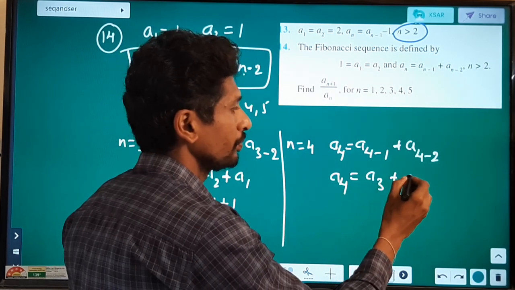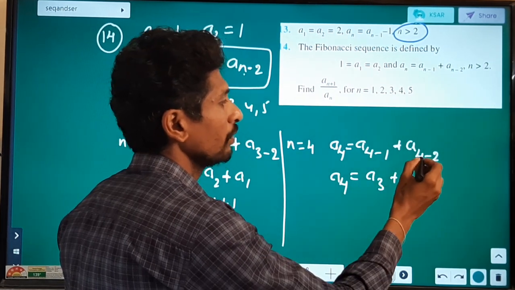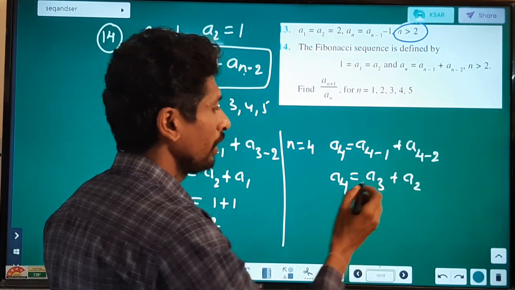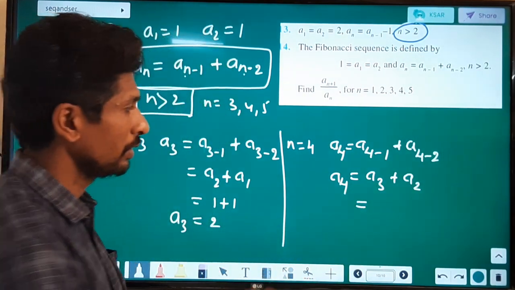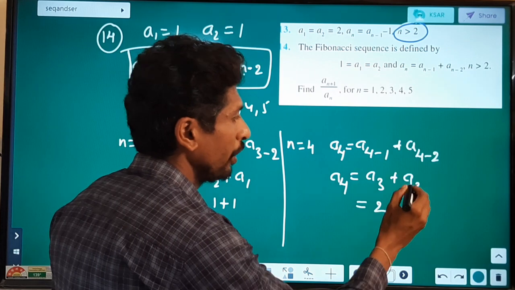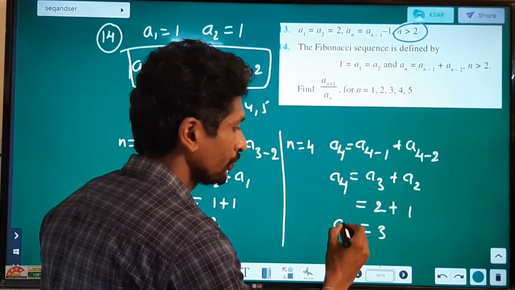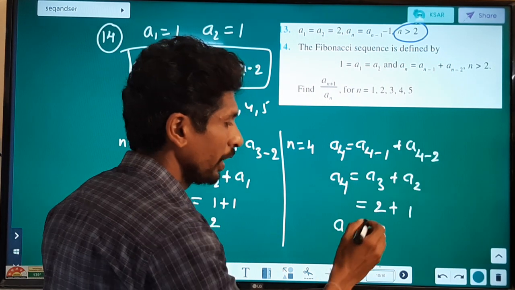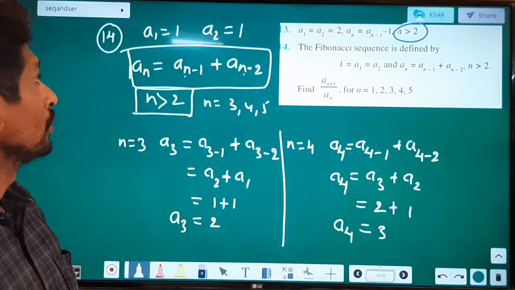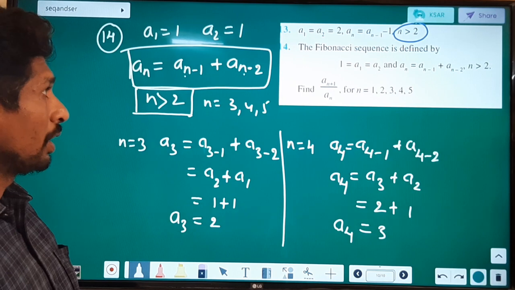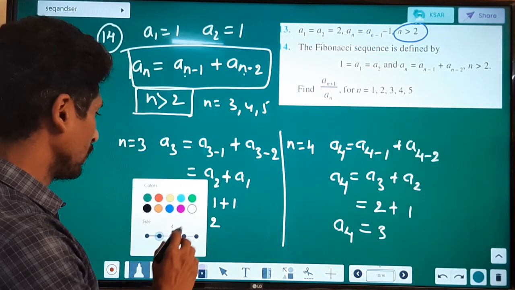A3 plus A2. 4 minus 1 is 3, 4 minus 2 is 2. Now A3 we know, A3 value is 2 here and A2 value is 1 here. So therefore A4 becomes what? A4 becomes 3 here.